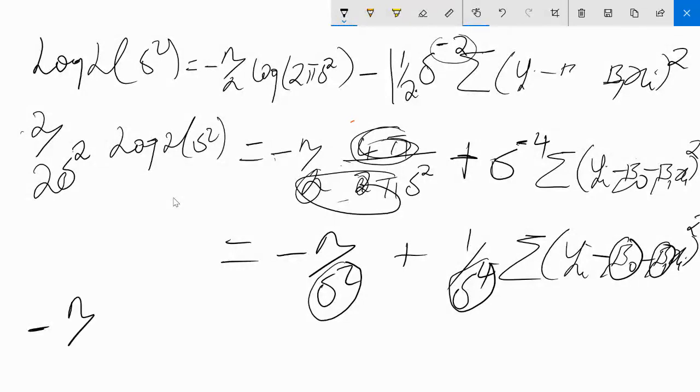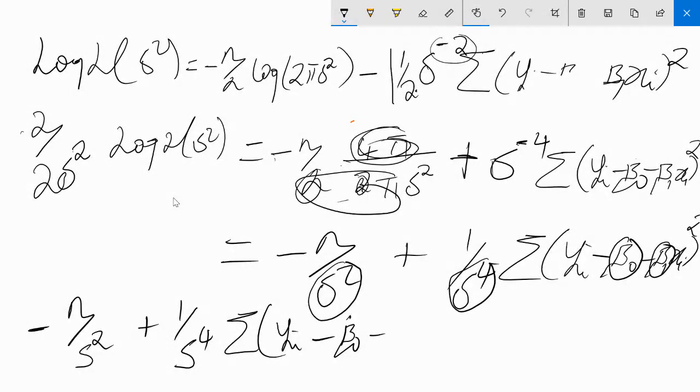So we're going to have minus n divided by s squared plus 1 over s to the power 4, times the sum of yi minus beta 0 hat minus beta 1 hat xi, all squared. Right? So this part is clear.